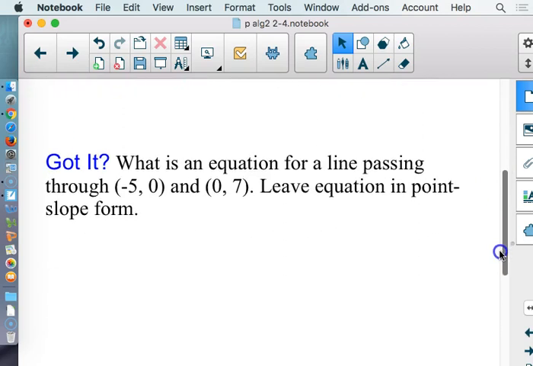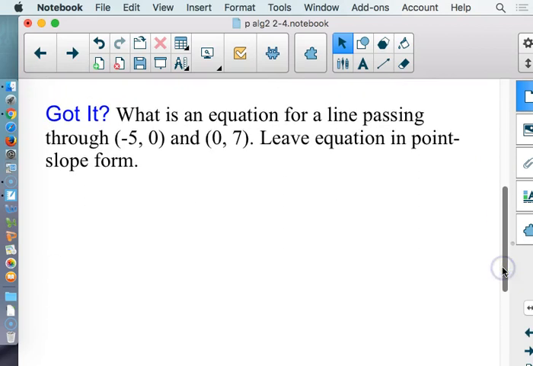Well, what next? Look at this one. I think you guys can talk me through this one. If we want to write an equation for a line that passes through those points, give me step 1. Find the slope. No, you find it. 7/5.